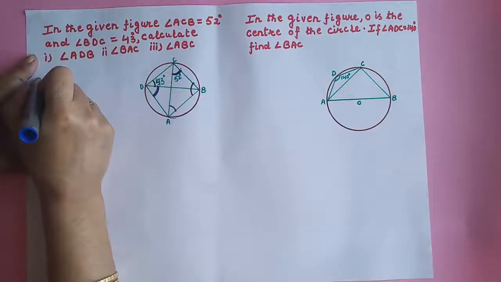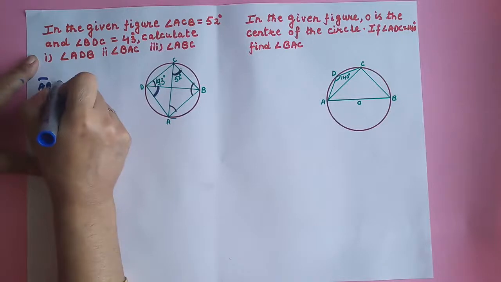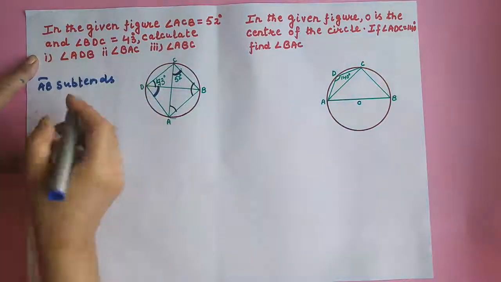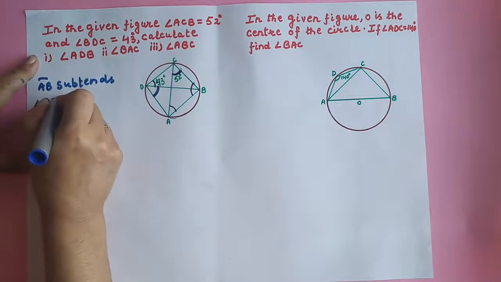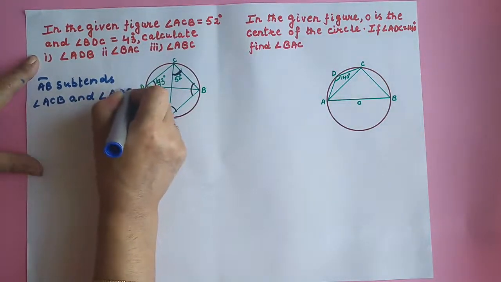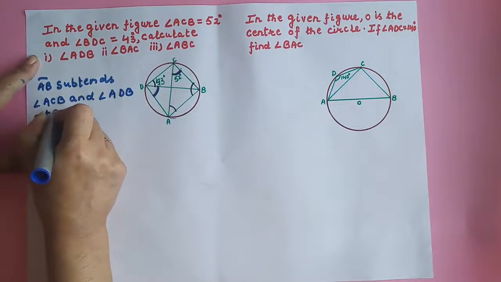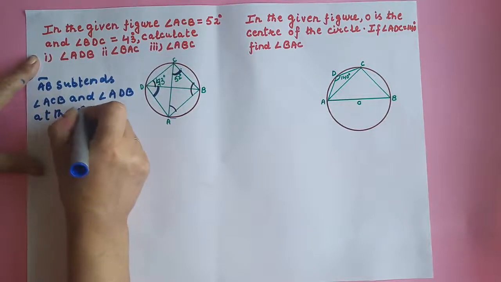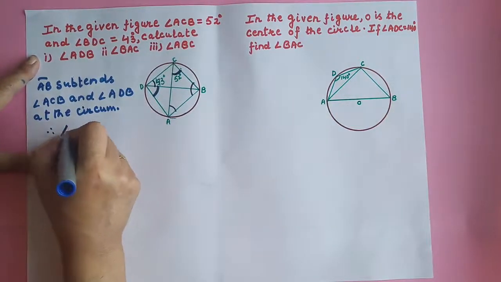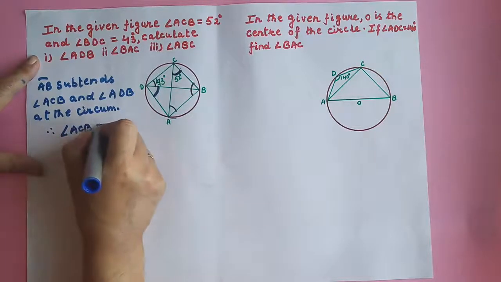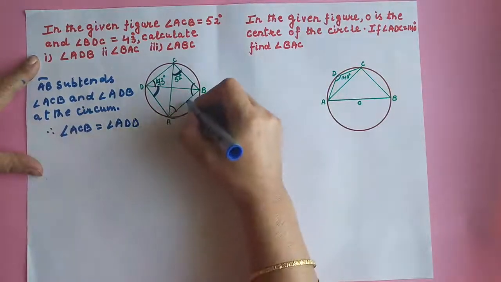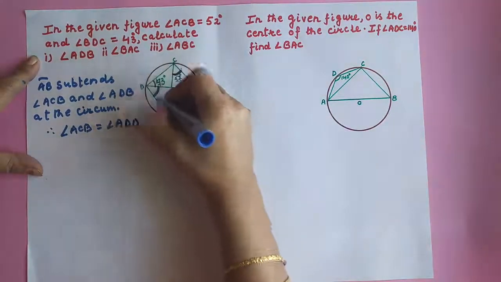So let's write: arc AB subtends angle ACB and angle ADB at the circumference. Therefore, we can say that angle ACB is equal to angle ADB. Why? Because angles subtended by the same arc at the circumference are equal.